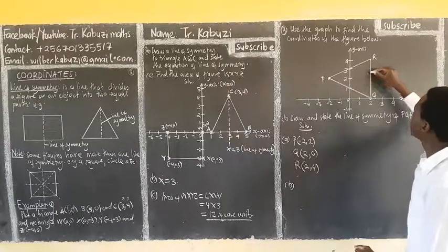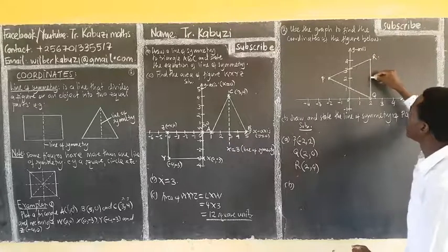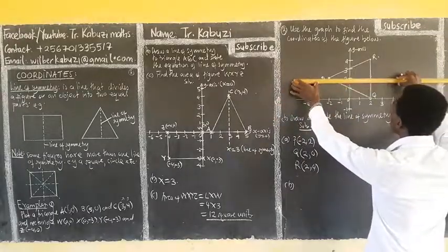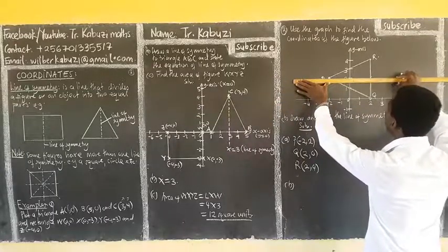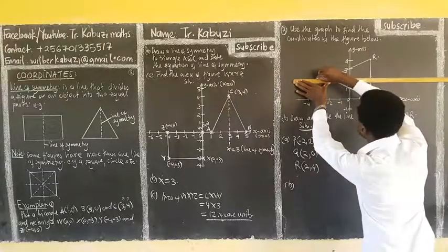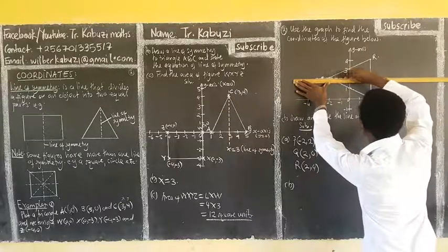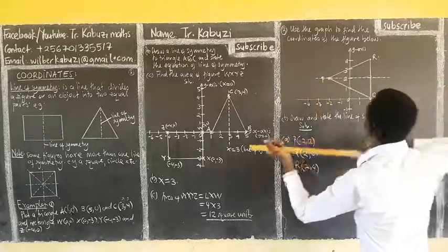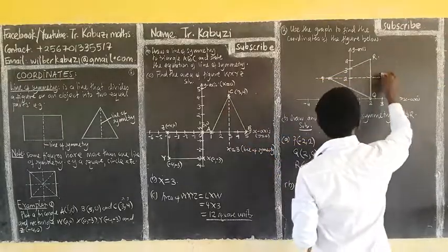So 1, 2, then this side also 1, 2. So this is going to be the middle. So I draw a line passing through for that. That's going to be my line of symmetry. This is the line of symmetry.